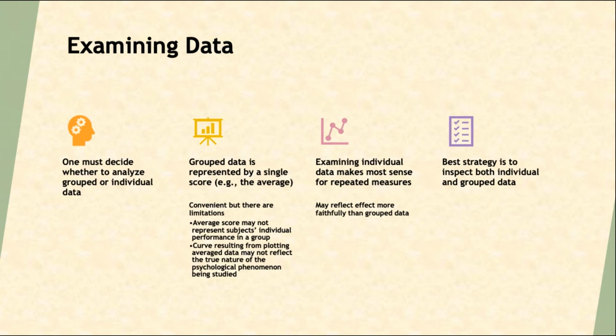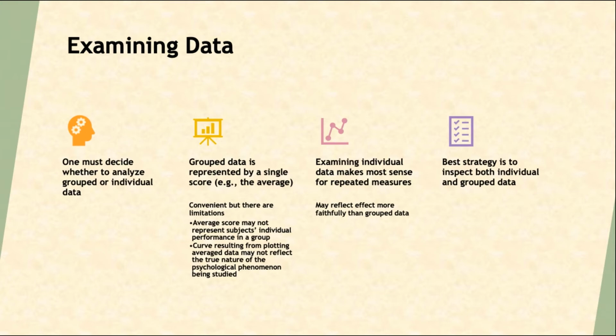Unfortunately, researchers too often fall into the pattern of collecting data and then calculating an average without considering the individual scores constituting the average. A good strategy to adopt is to look at both the group and individual data. When you have repeated measures of the same behavior, examining individual data shows how each subject performed in your study.